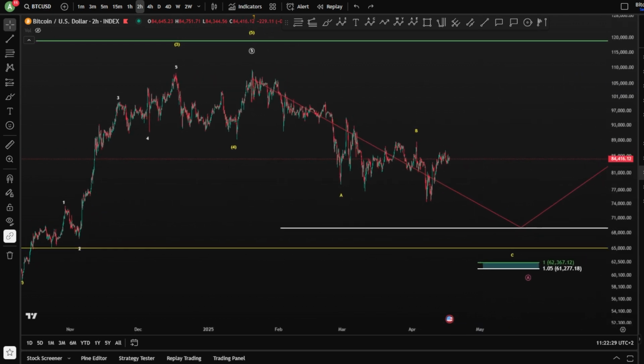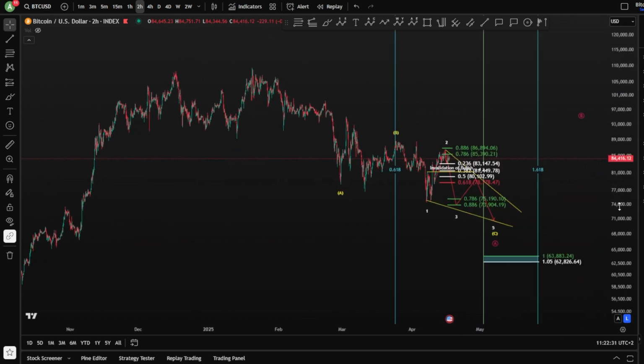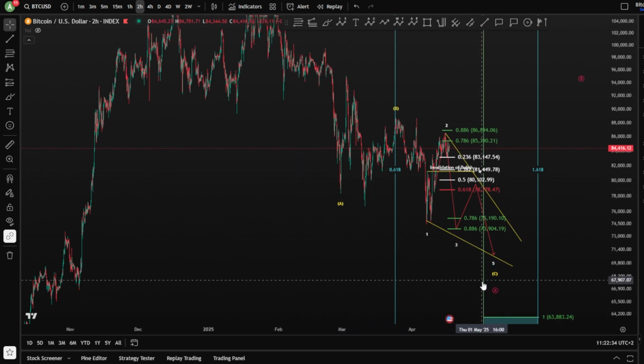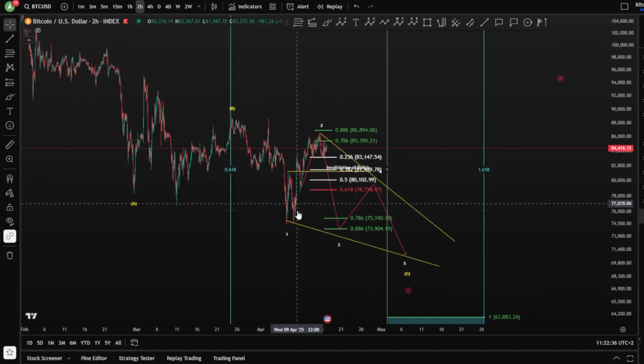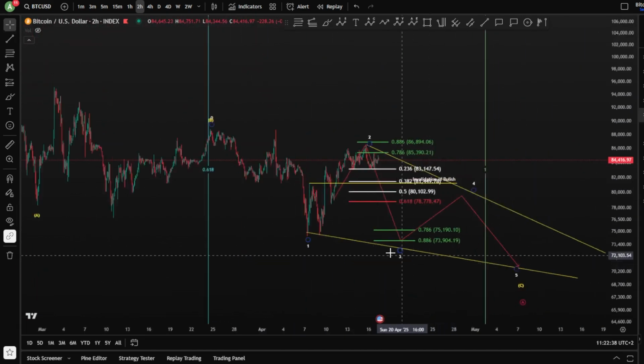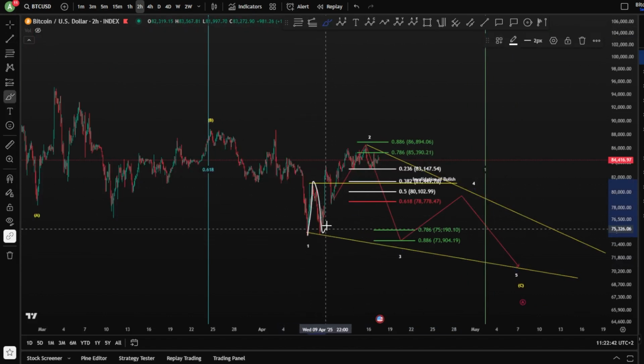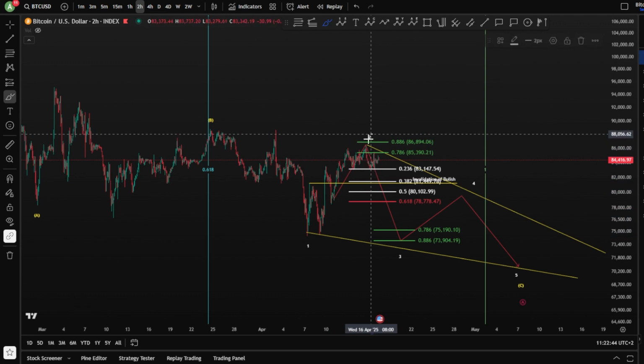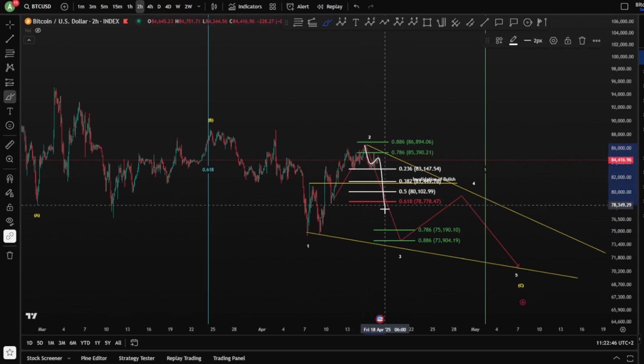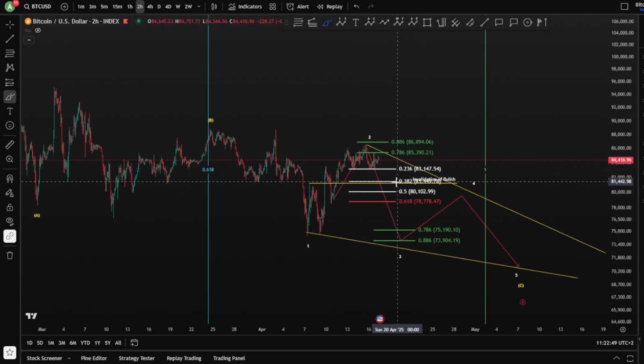In this scenario, you have finished A, B, and a C, and you're looking here at the wave 1 as a zigzag. We have potentially also finished the correction as a wave 2, A, B, and a C. Finish wave 2, and you're looking here for 1, 2, 3, 4, and a 5 towards the downside.